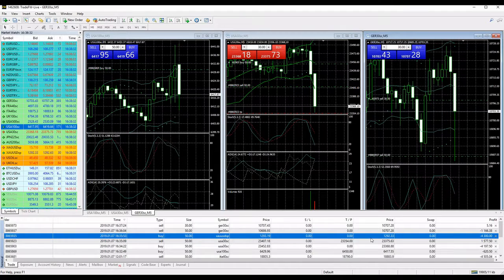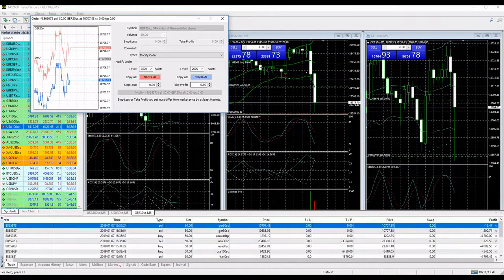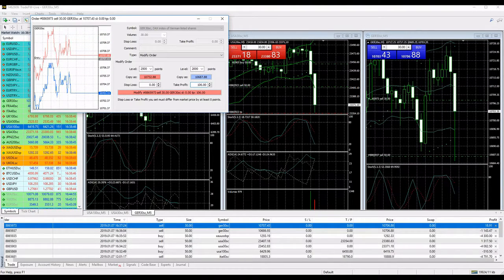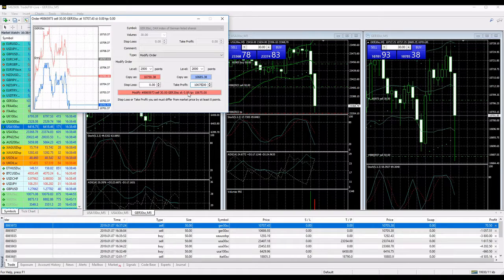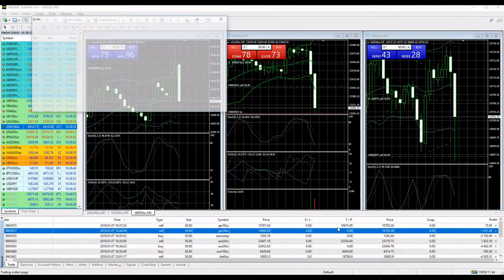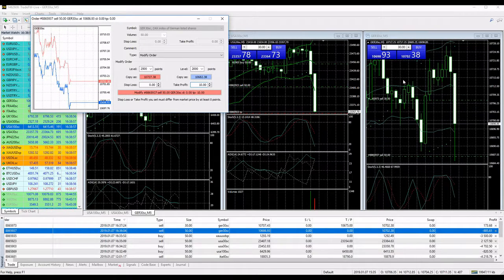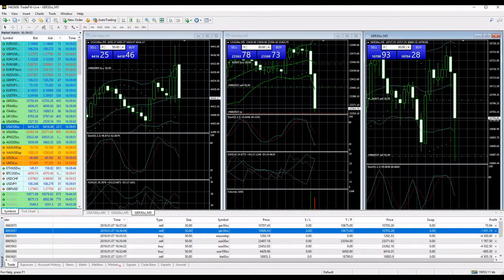So on DAX, where we put our take profits, we go to 10,675. This is our take profit on DAX. We have two positions on DAX, guys. Our Dow Jones position is going to hit take profit very, very soon, guys.